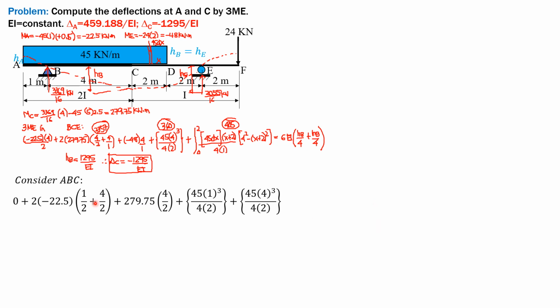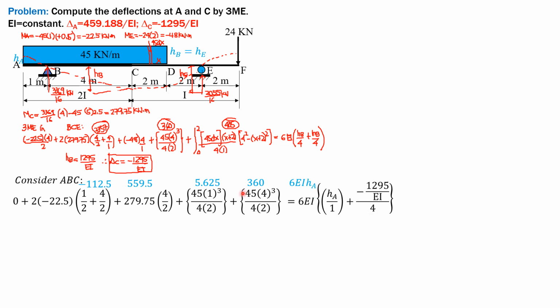So the value of the first term is equal to negative 112.5. This one is 559.5. This term is equal to 5.625. This one is equal to 360. And of course, 6EI HA is 6EI HA, while 6EI times negative 1295 over EI over 4, so we have 6EI HA, then minus 1942.5.